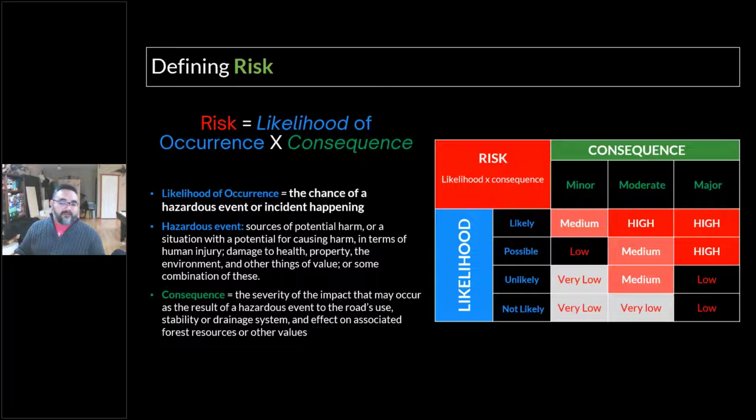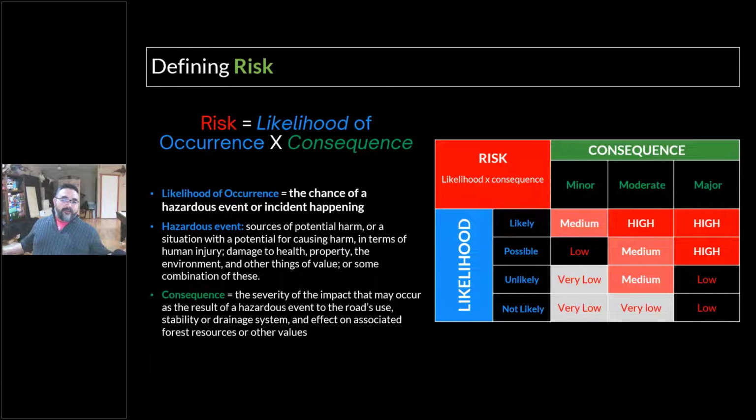And the consequence is the severity of that impact that event may have on whatever your element at risk is. And so on the right-hand side there, you can see higher major consequences or higher likelihood gives you a high risk. And so that's just a bit of background as we go through and talk about these things.